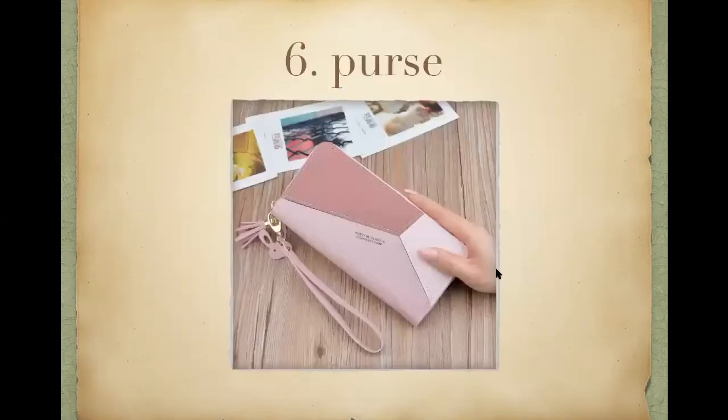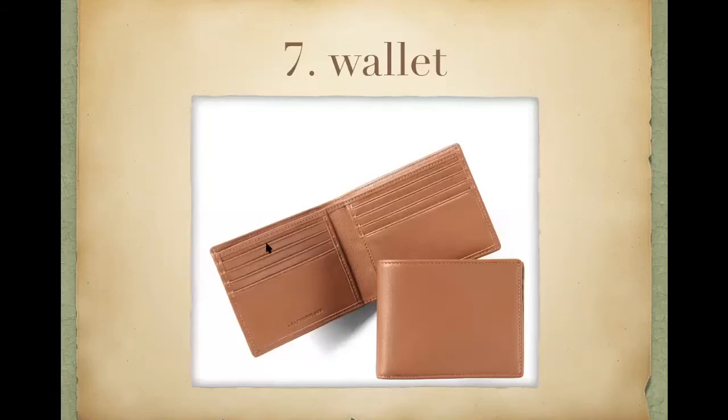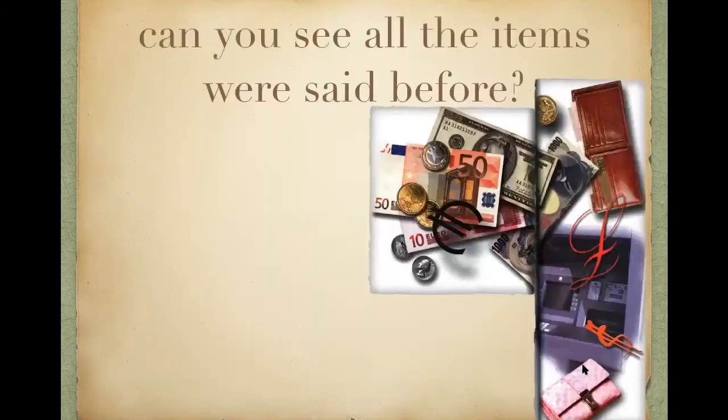Purse. We have a purse. And we have a wallet. So the question is, can you see all the items that were said before? For example, what's this? Do you remember? Cash point machine. And what about this? What's this in English? Purse.